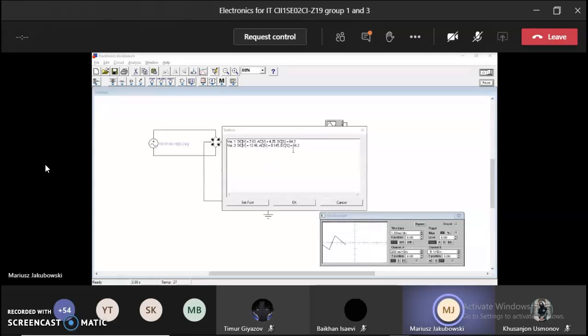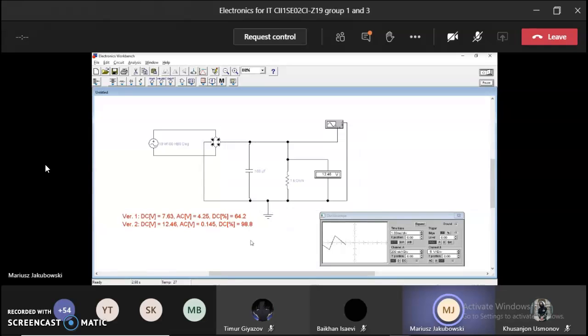So the percentage share of the DC component is 98.8%. Pretty close to 100%. But let's see how it can be better.